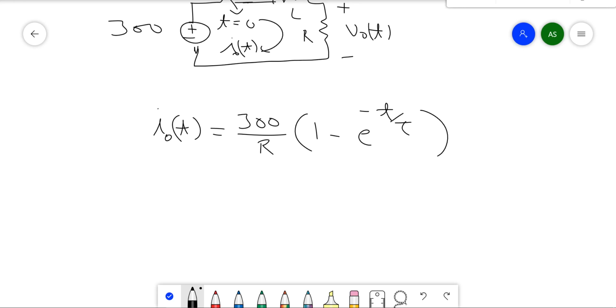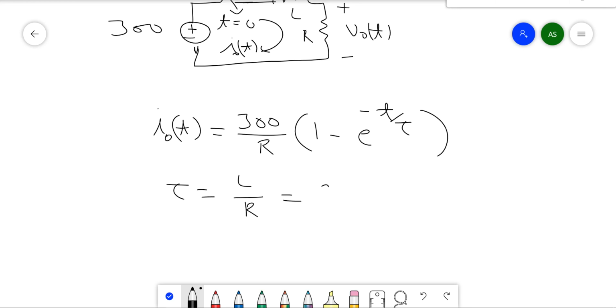X is the value of current at a particular time. Okay, so X is the value of current at omega t equal to pi. So you need to calculate the value of t, replace t in this equation, and you get the value of your current. Okay, and tau is also given. The tau is L by R.